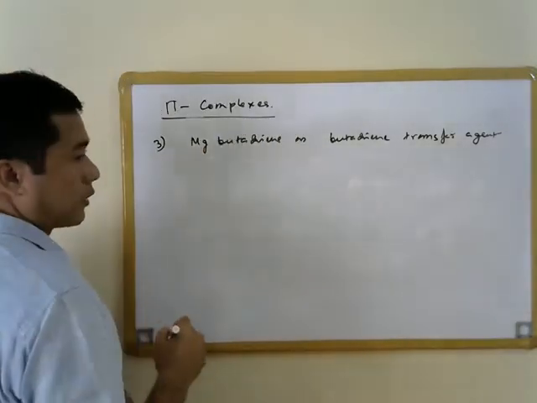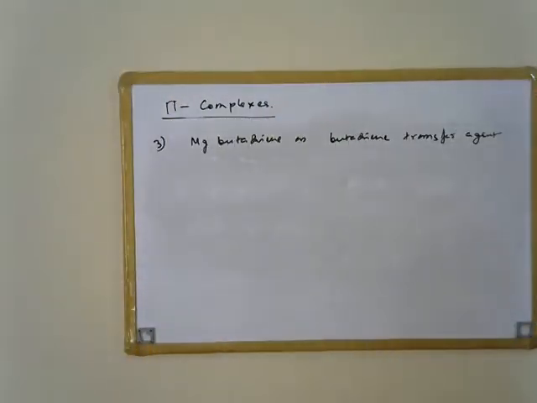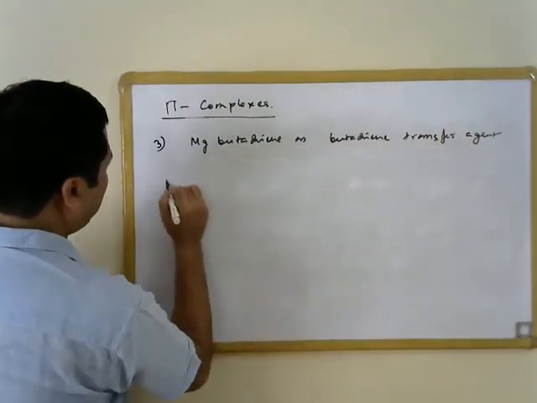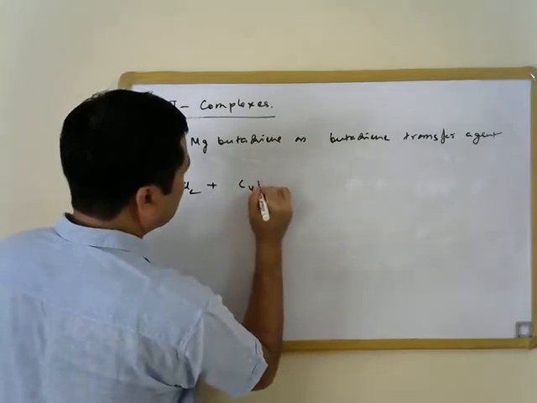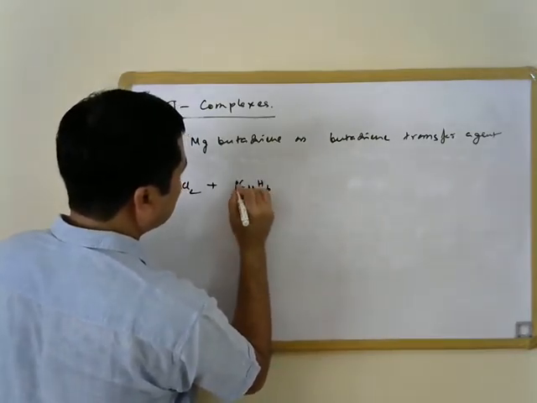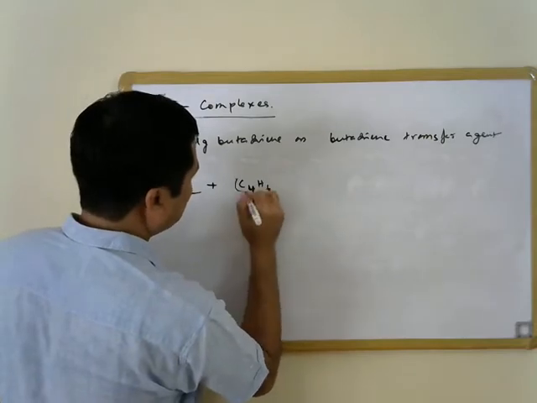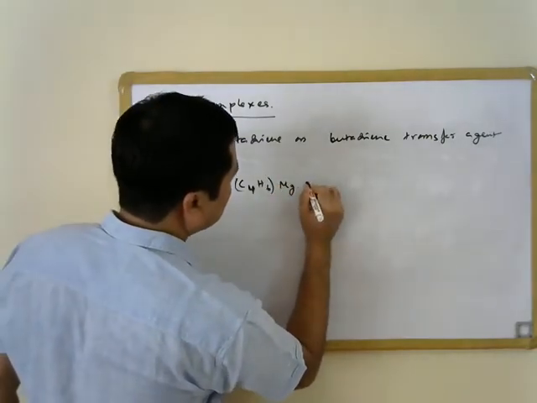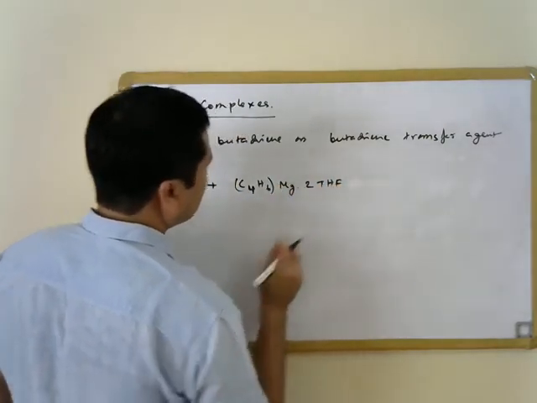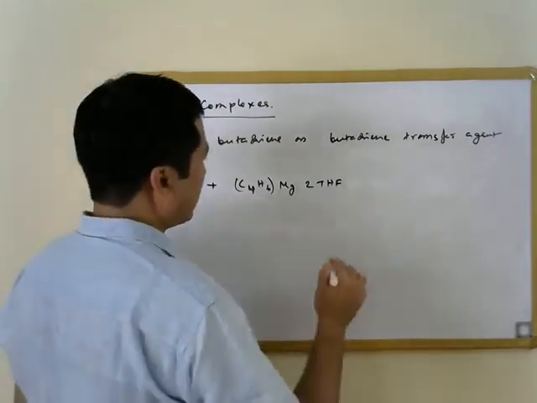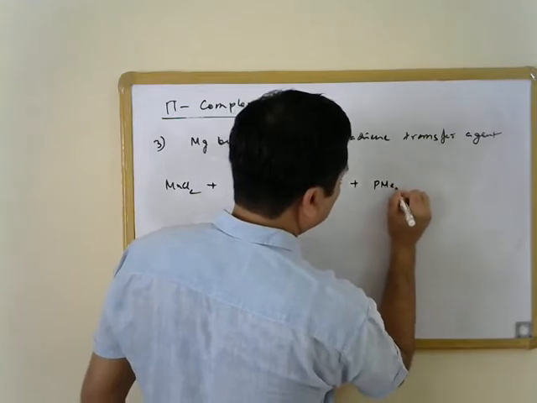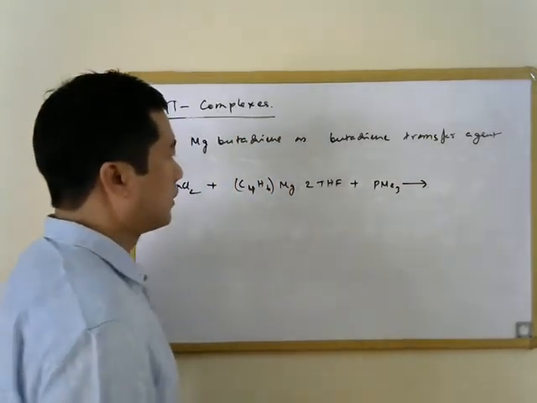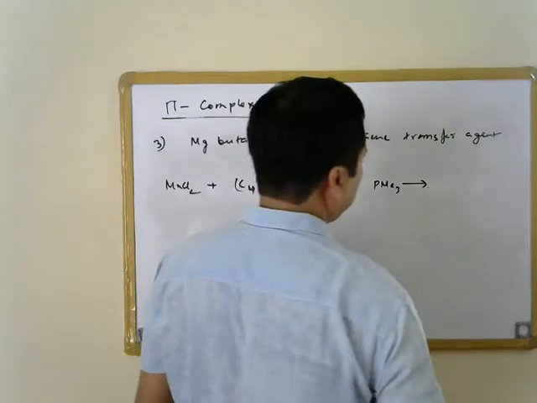So if you take MnCl2 and then you use C4H6 Mg 2THF, this can be easily prepared, and do reaction in presence of another ligand, that is trimethylphosphine.